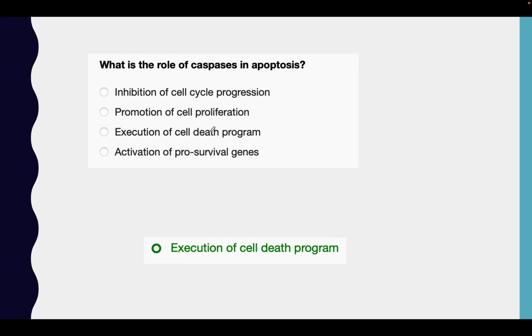Now we have initiator caspases and executioner caspases. Different caspases have distinct roles in the apoptotic pathway. Caspase 9 is among the initiator caspases. Then they trigger the activation of executioner caspase which is caspase 3, which directly cleaves cellular substrates responsible for apoptotic morphology. Then cell shrinkage, membrane blebbing, DNA fragmentation, all these are driven by activation of caspases.